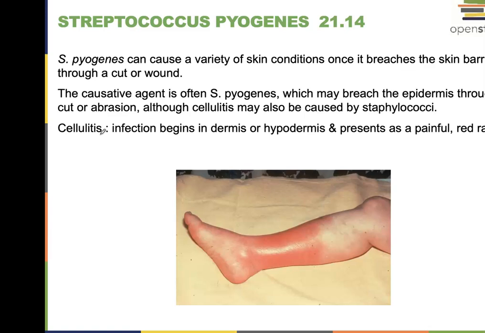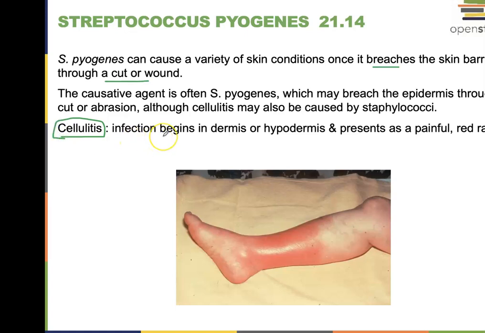So one of the things about Strep pyogenes is that once it breaches the skin barrier through a cut or a wound, it can cause this kind of cellulitis. Okay, so this is what we're looking at in the picture here.